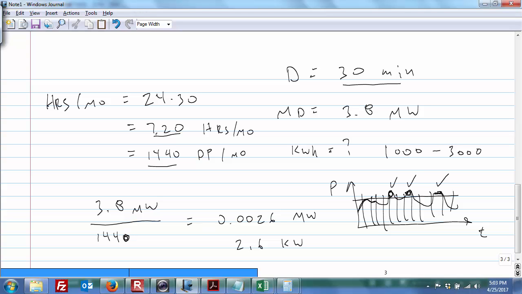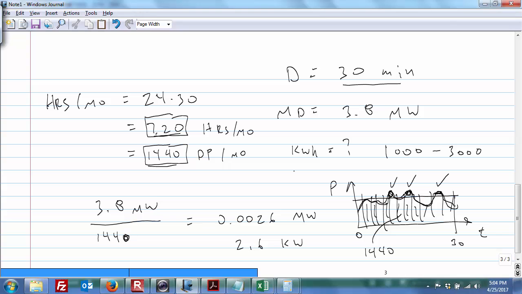This little line is basically showing here's our demand, and there are 720 hours in a month, and there are therefore 1,440 demand periods per month. So obviously I can't slice it that thin, but there are 1,440 of these. Here's day 0, here's day 30, and there are 48 demand periods per day, 1,440 demand periods per month.